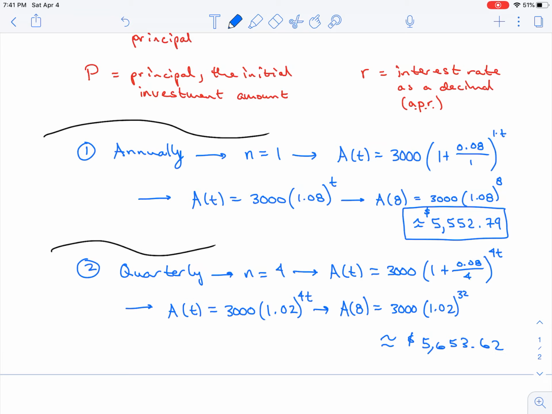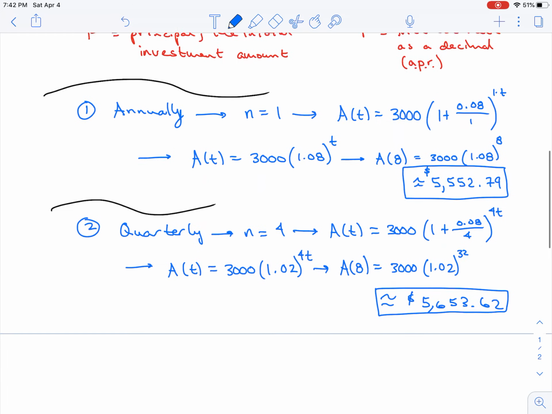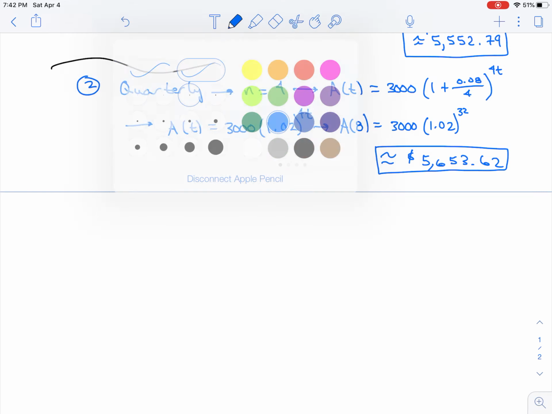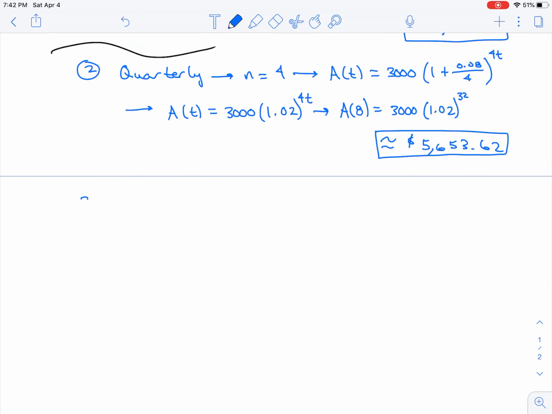So you can see that you get over $100 more by compounding every 3 months instead of waiting a full year to earn your interest. So compounding quarterly would be better than compounding annually.